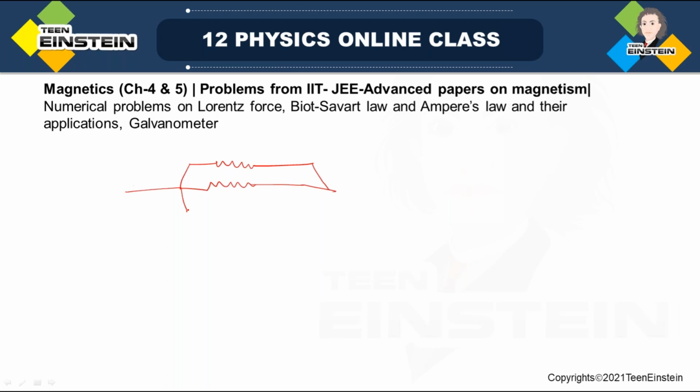Now all the resistors like this. So this is R, this is R, this is RC, this is RC, right? Look here, in this case, the galvanometers will allow only Ig and Ig current, right?